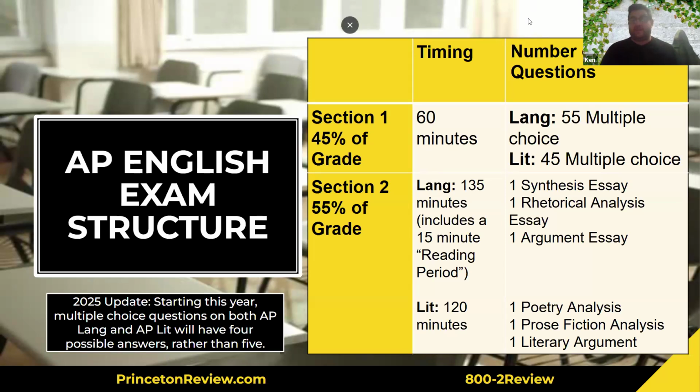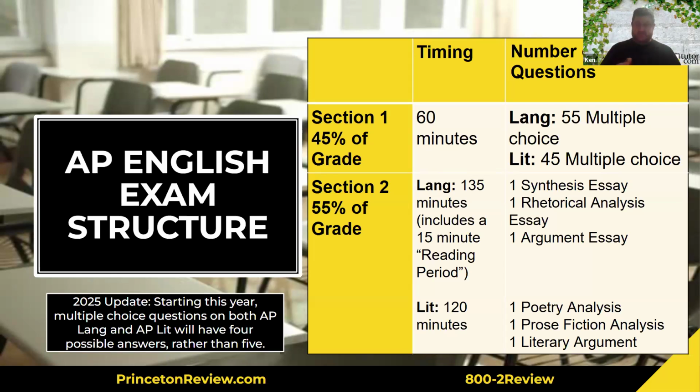So do expect that 2 of your literature excerpts will come from regular written works, 2 of them will come from poems, and the 5th one can be a little bit of a grab bag. So literature is all passage based. Lang is mostly passage based, and then some individual, single paragraph situation based questions.